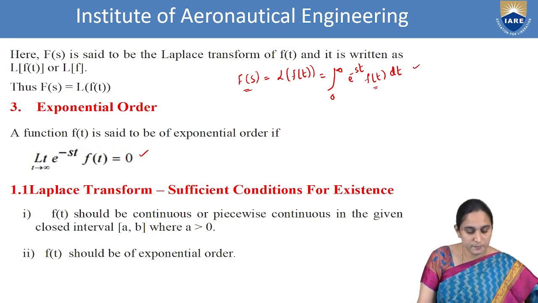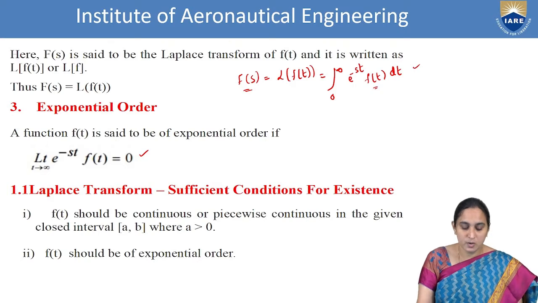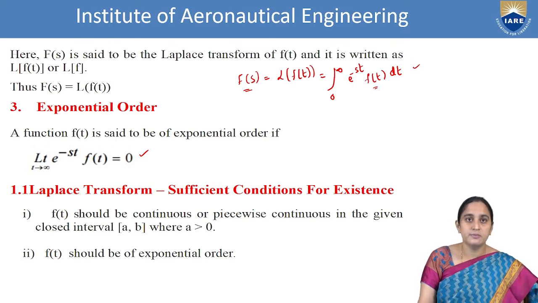The next concept: Laplace transform, sufficient conditions for existence. The first one: f of t should be continuous or piecewise continuous in the given closed interval a comma b, where a is greater than 0.